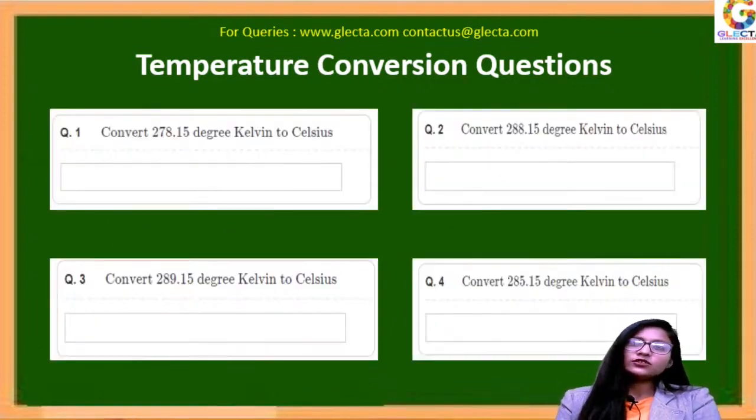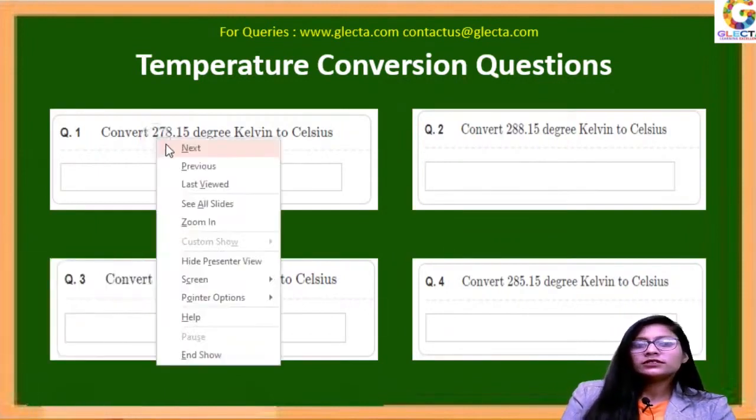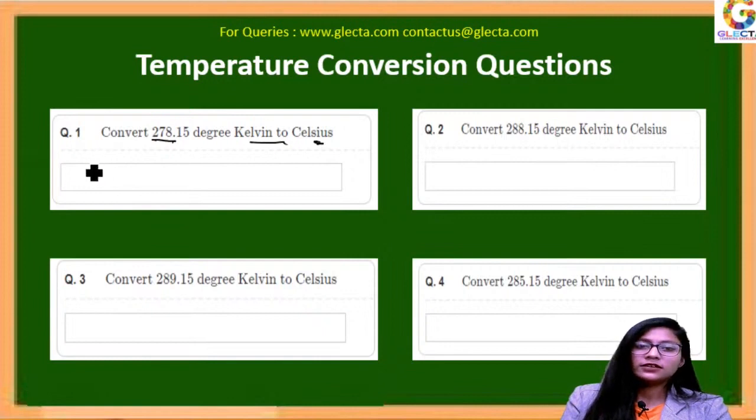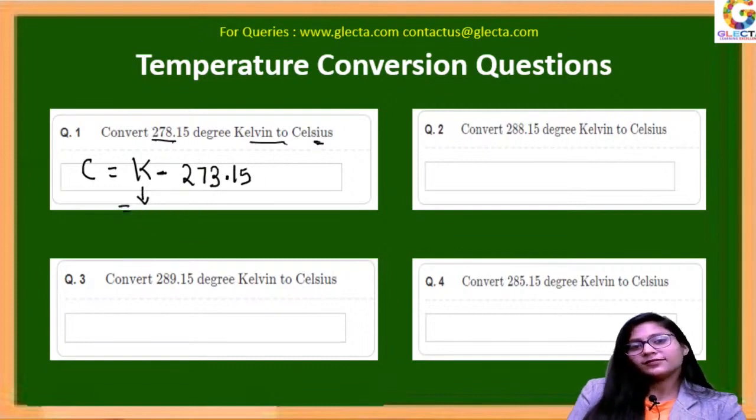Try to solve these questions. Convert 273 degree Kelvin into Celsius. First, write the formula for this question. C is equal to Kelvin minus 273.15. Then put the value of K and you will get your answer.